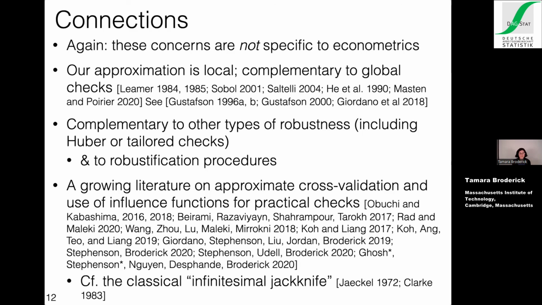And finally, I'll just say that, like many things we're doing nowadays, some really cool ideas that we're building on were really from much earlier in statistics. In this case, we're building on ideas from the 70s and 80s. There's this beautiful set of ideas called the infinitesimal jackknife from the 70s and 80s that's very similar to what I talked about today.